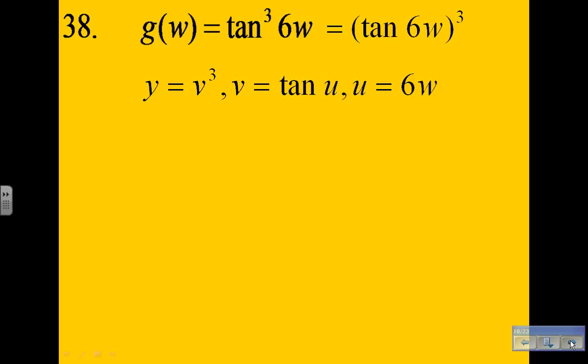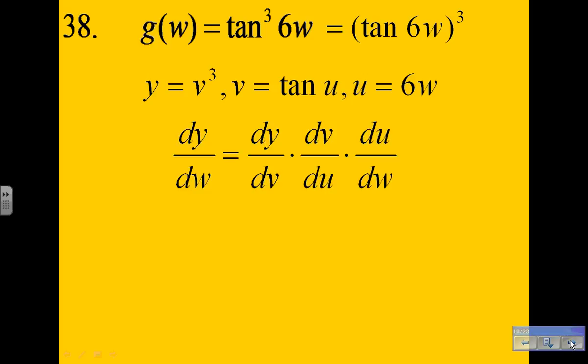I think of it as parentheses, separating the functions. This is their 3 different things, using calculus notation for the derivative of y with respect to v, dv, du, du, dw.